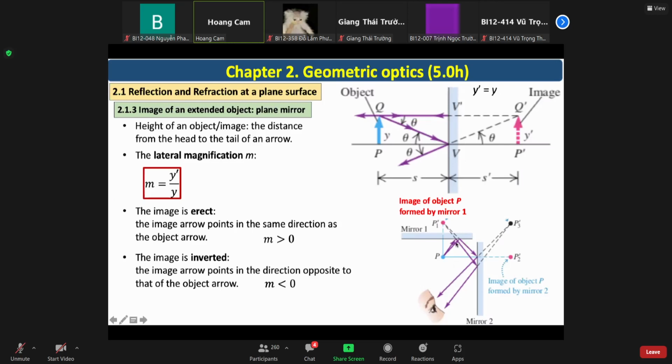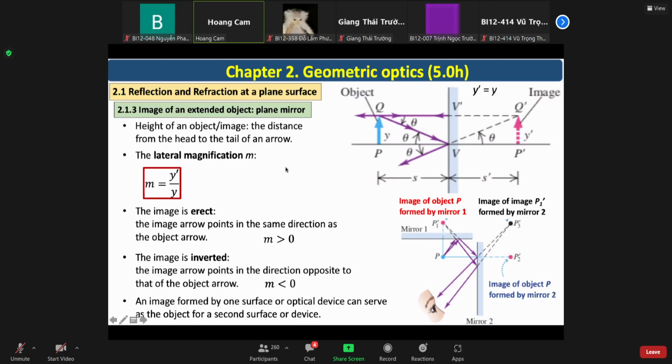However, these reflected rays of mirror 1 can also strike mirror 2 and act as incident rays as well. Then you see the reflected rays from mirror 2 are here, and the image P3 prime. P3 prime is the image of P1 prime formed by mirror 2. So we have the image of object P formed by mirror 1, the image of object P formed by mirror 2, and the image of image P1 prime formed by mirror 2.